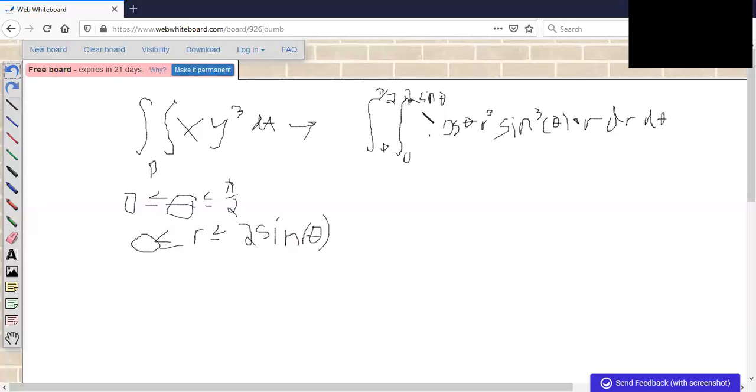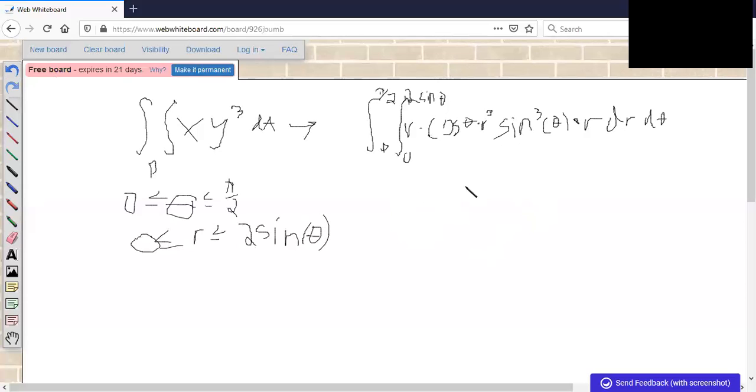Putting all these together, we end up with r to the 5th.